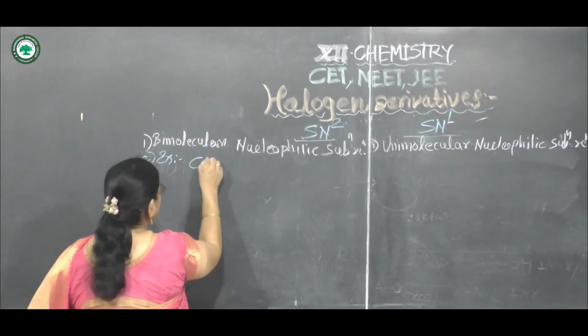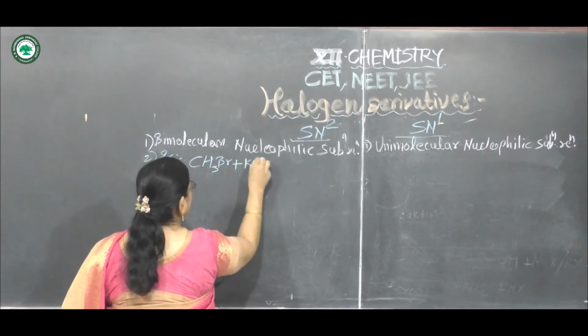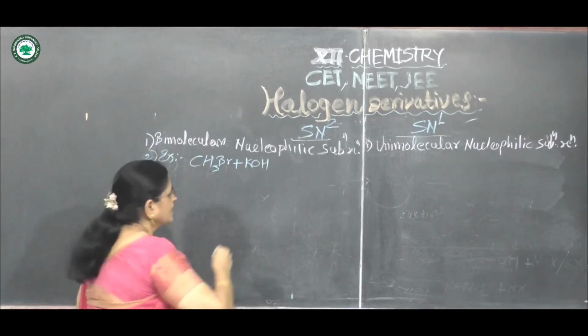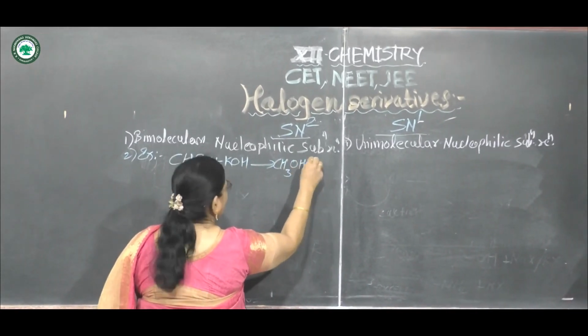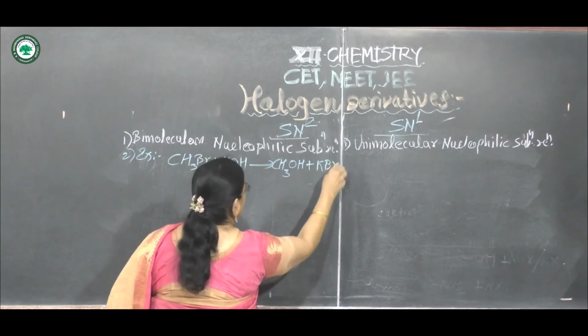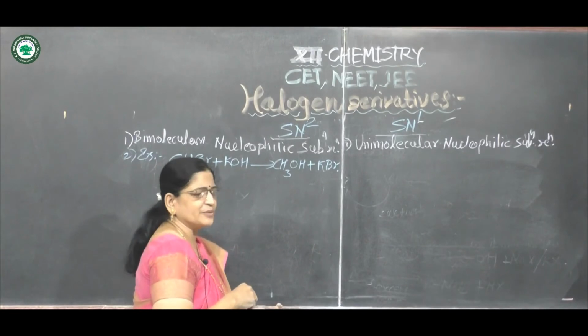In SN2 reaction, CH3Br reacts with KOH, then it gives which product? CH3OH plus KBr. This is the best example of SN2 reaction mechanism.